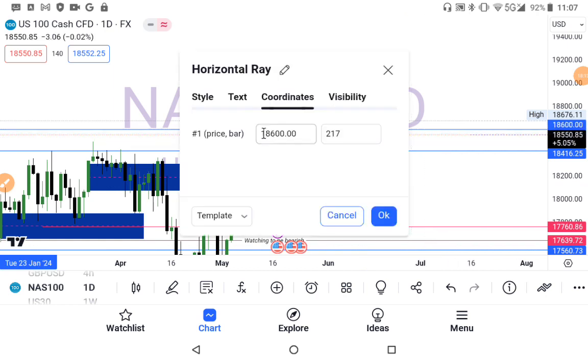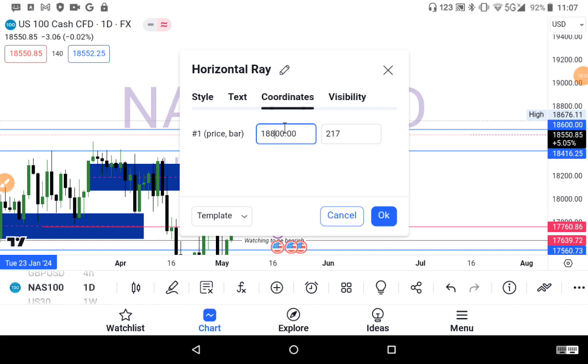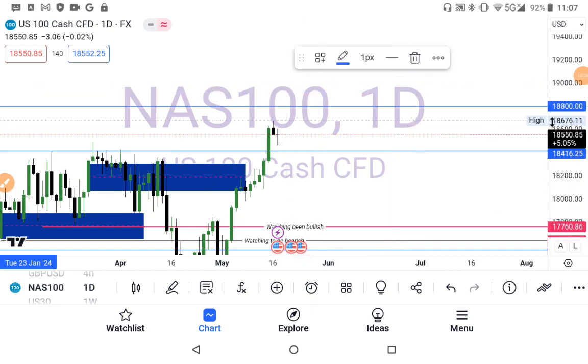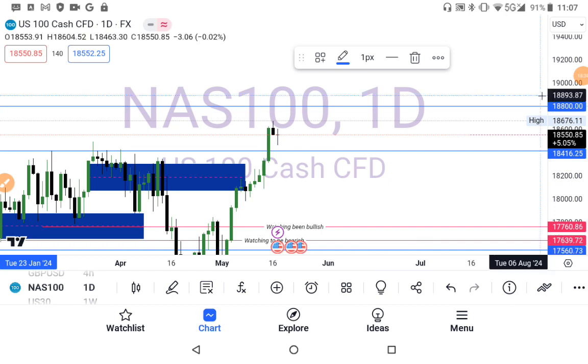Let's change this into 8, I think. So I'll be interested in 18,800 the coming week, and possible movement into 19,000. So 18,800 and possible movement into 19,000.